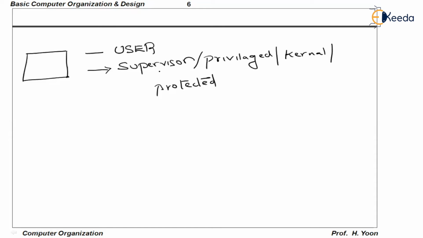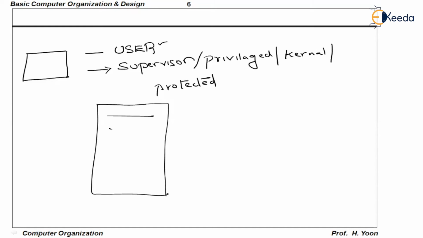What is the purpose of supervisor mode? In what way is it different from the user mode? Let us see. When a user executes a program, you know that the program is a blend of instructions, right? The program is a set of instructions. There are several instructions that are being executed right now.